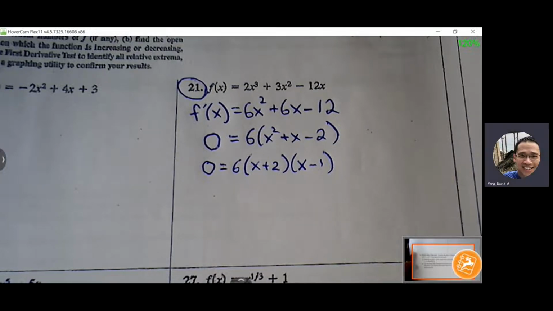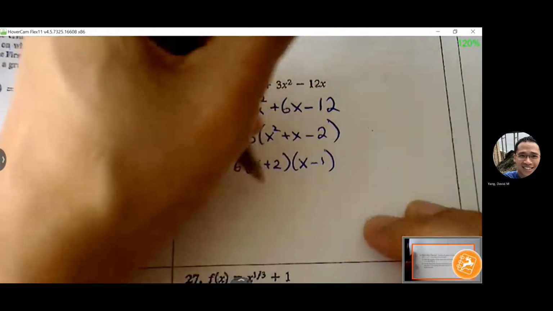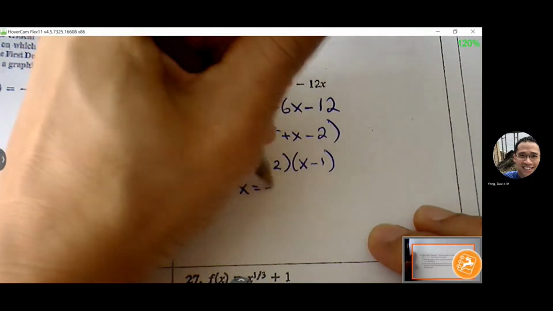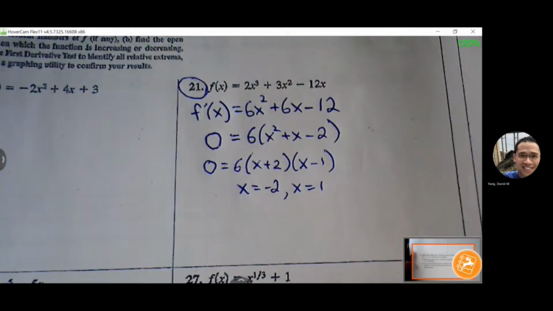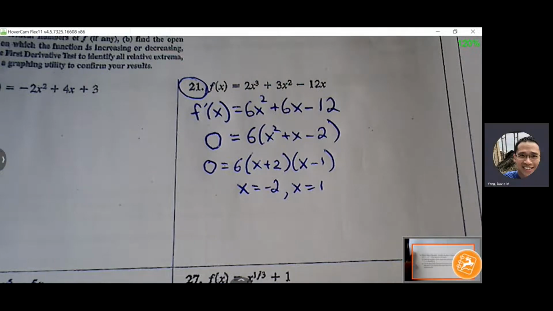Solve for x equals -2 and 1. Now you're going to place those critical points onto your slope sign line.